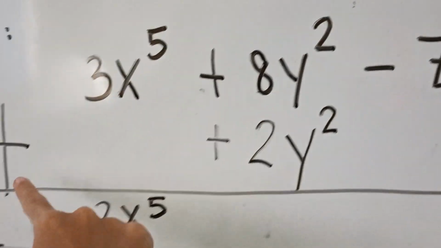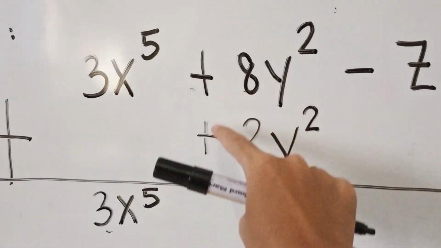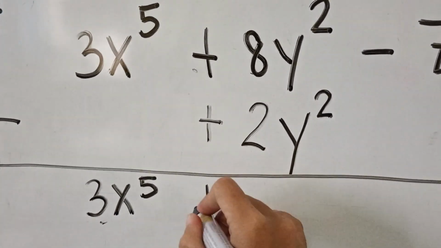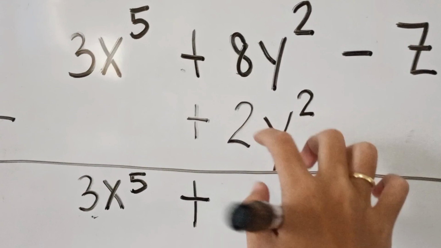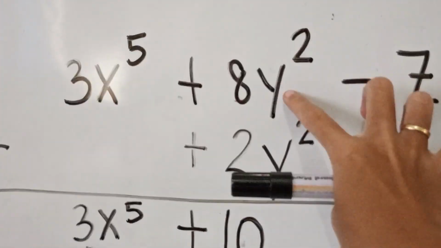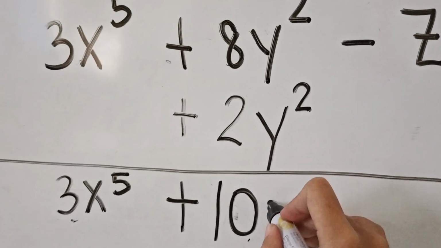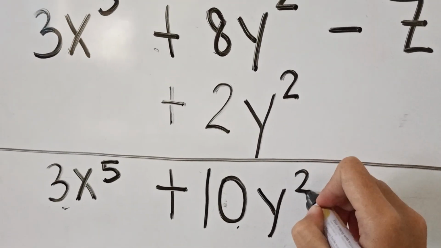Next, we have positive 8 plus positive 2. Since they are both positive, we're gonna add them together and the sign will also be positive. And 8 plus 2 is 10. And then we will copy the common variable and exponent, which is y squared.